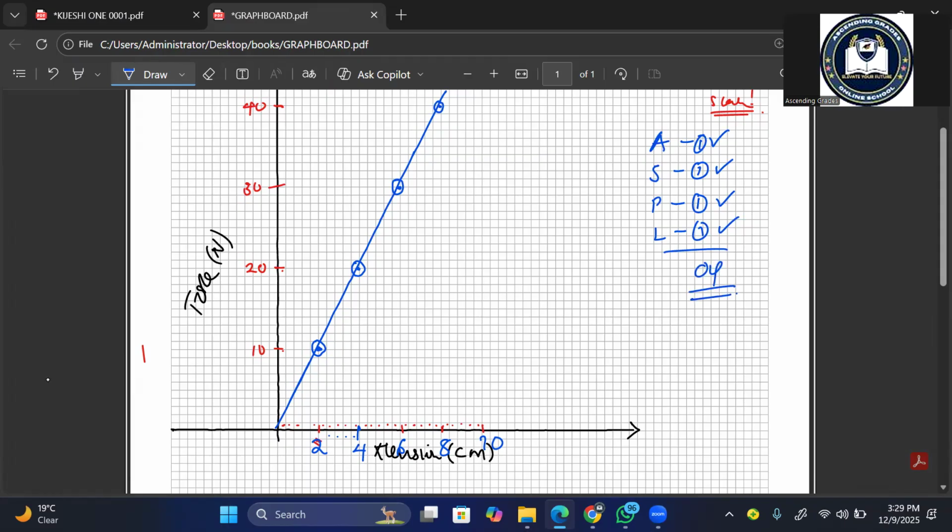Then you are told to find, from the graph, the spring constant. So in this case, you just get the gradient. So just identify 2 points and you show them.